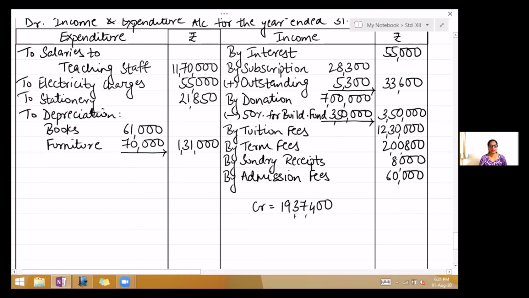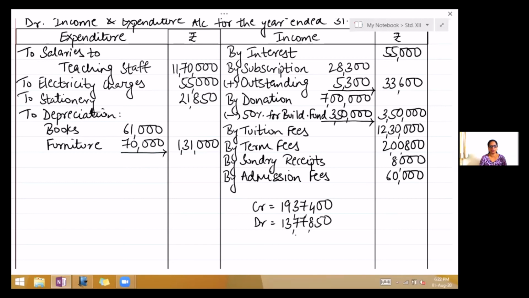So you can see there credit side total 19,37,400. Now add up the debit amounts. Debit is 13,77,815. So your income is more than your expenditure.